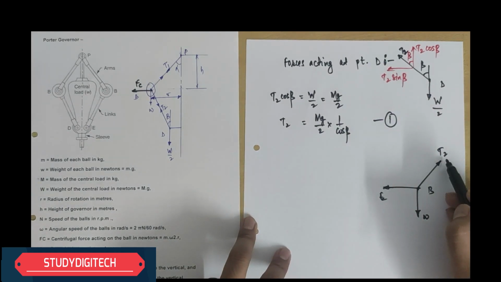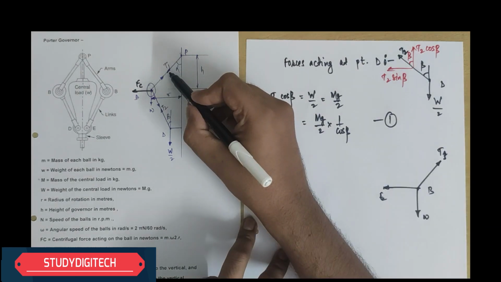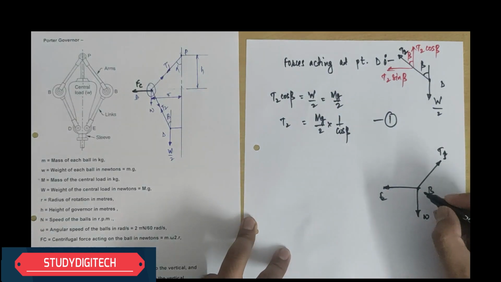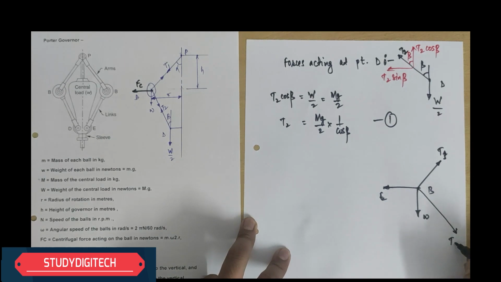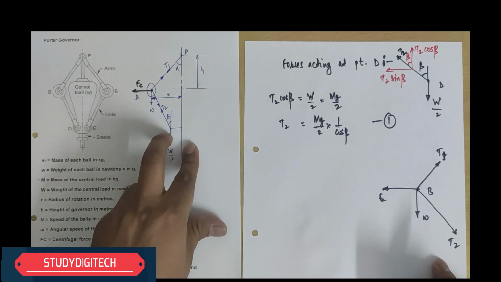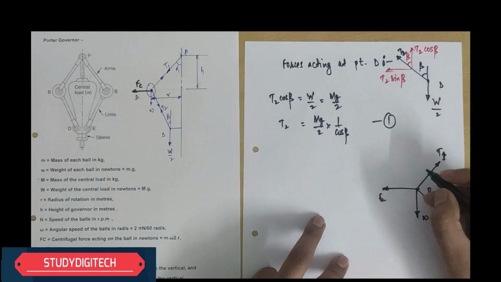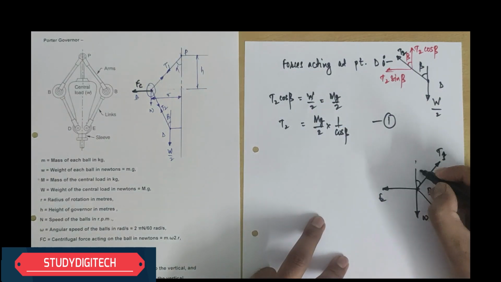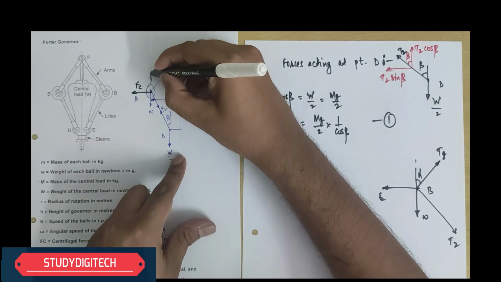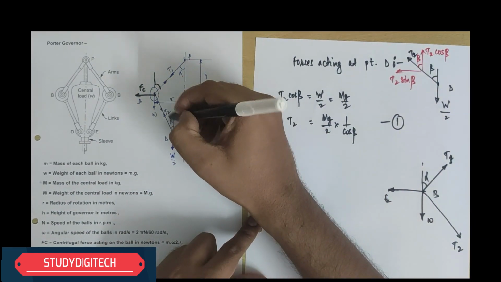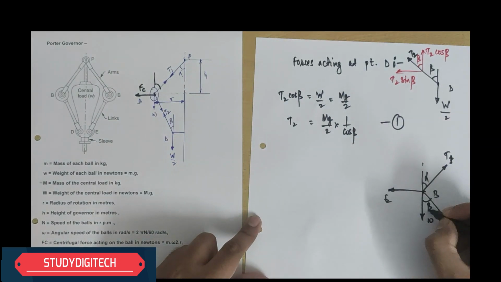T1 is the force or tension acting on the arm PB. T2 is the tension or force acting on the arm BD. So they make an angle of alpha, alternate angle. If we draw here, alternate angle will be alpha. Similarly, the alternate angle here will be beta.